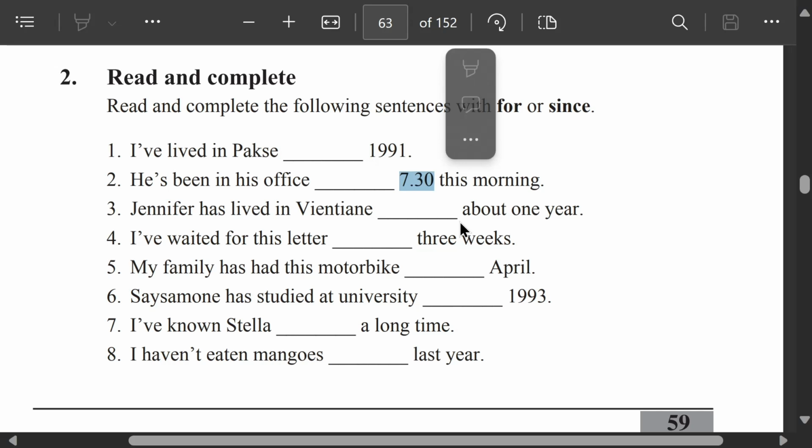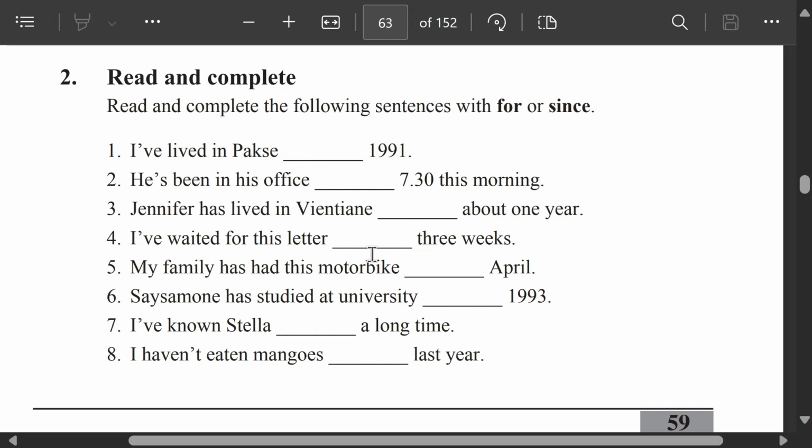But here we are saying he stayed there since 7:30. It's a starting point in time. So since 7:30 this morning, he's been in his office.